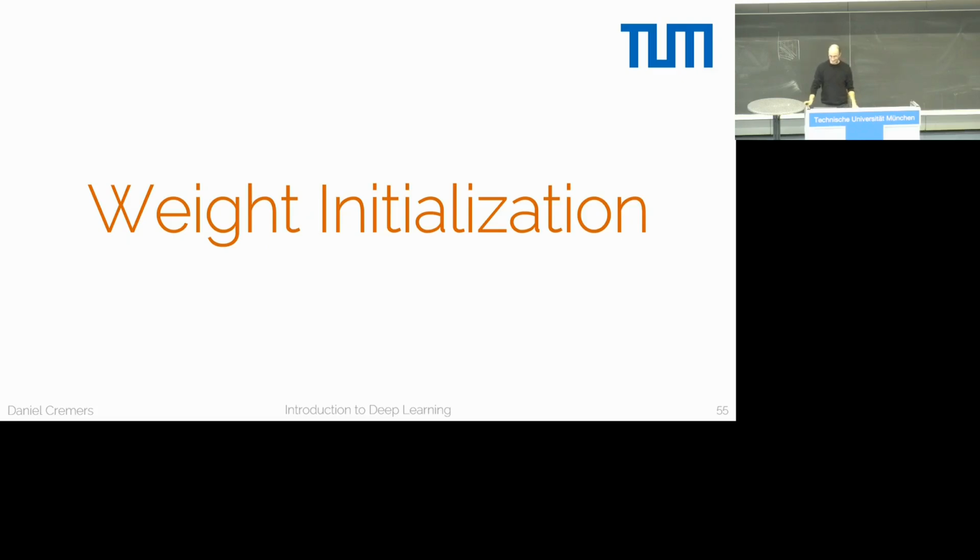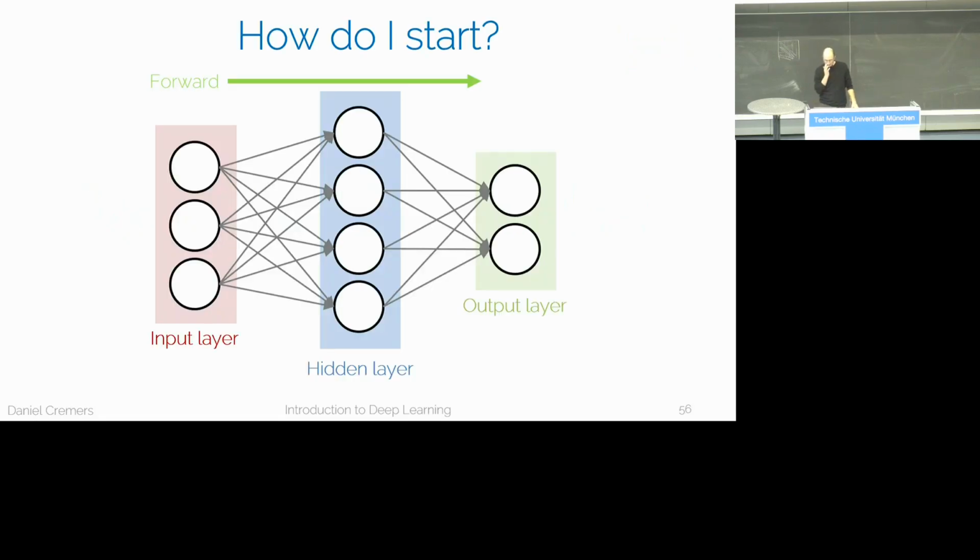We talked about activations last time, and today we're going to talk about weight initialization. So the idea here is that you have a neural network, you have an input and output layer, you have a set of hidden layers, you have a feed-forward process and a back propagation to train the weights, right?